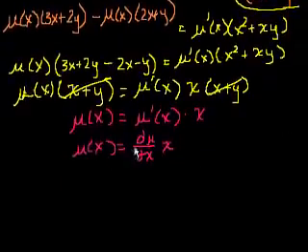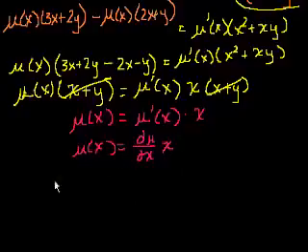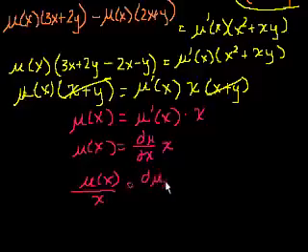And this is actually a separable differential equation in and of itself. This is kind of a sub-differential equation to solve our broader one. We're just trying to figure out the integrating factor right here. So let's divide both sides by x. So we get mu over x. This is just a separable equation now. Is equal to d mu dx.